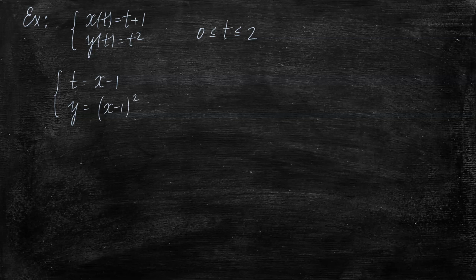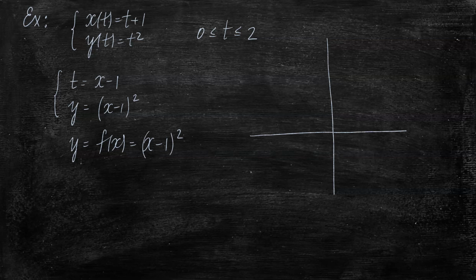And as a result, we have now eliminated the parameter, and we have the function whose graph represents the trajectory. However, just graphing this parabola, x minus 1 squared, may not be enough. May not be, but it's for sure not going to be enough. Why? Because we don't know the initial nor terminal point yet, nor do we know the direction.